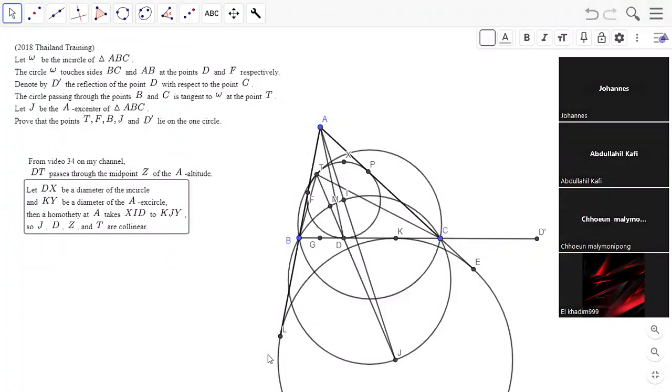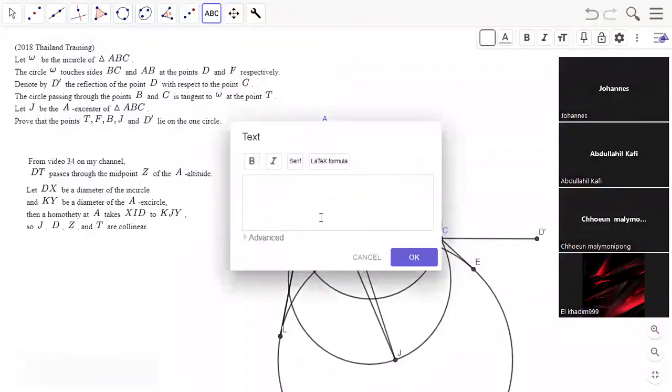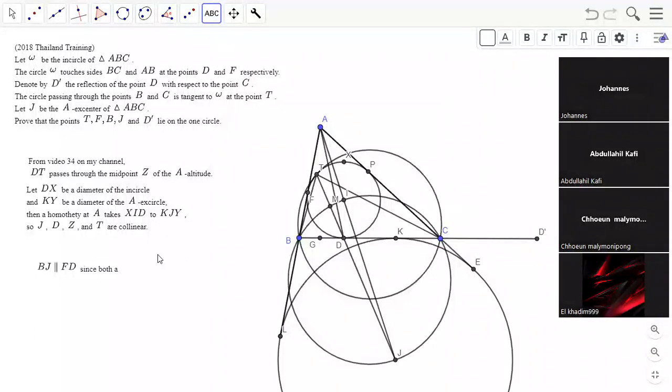I think so. We used BJ parallel to FD. Yeah. Okay, so we have BJ is parallel to FD since both are perpendicular to BI.